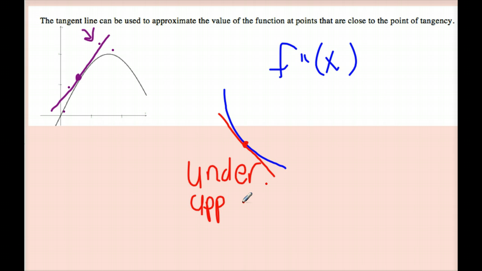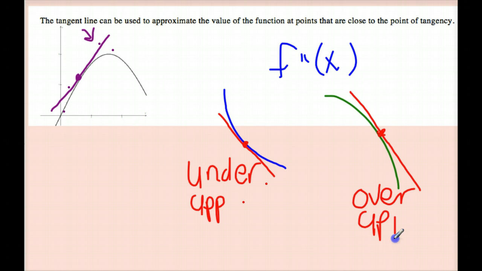On the other hand, when I have something that's concave down and I draw a tangent line, these are all above the graph. So these would be over approximations. So not only do we have to approximate, but we have to say whether we are a little below or a little above the real answer.